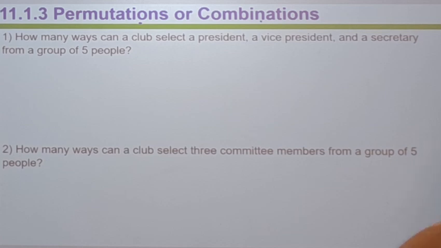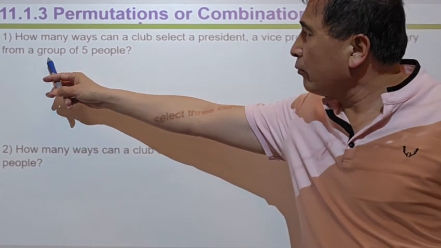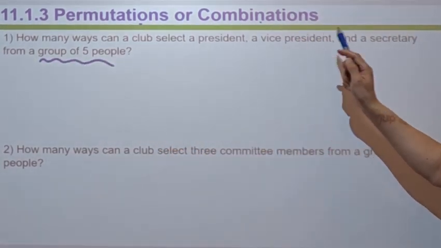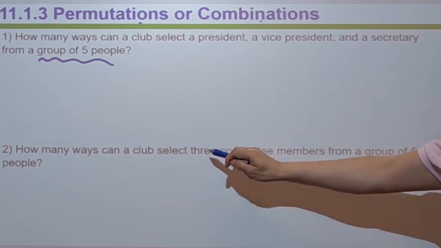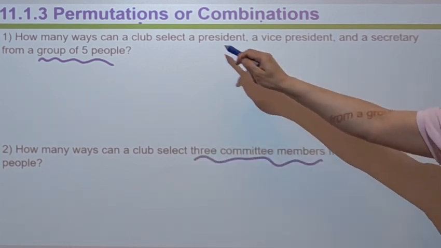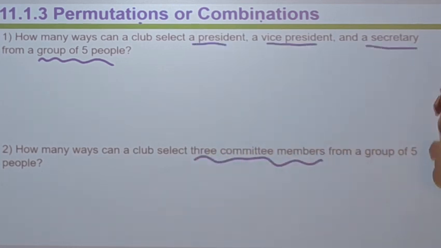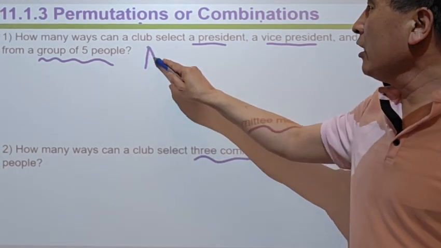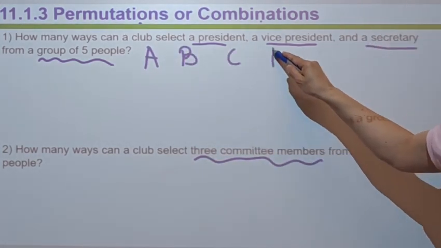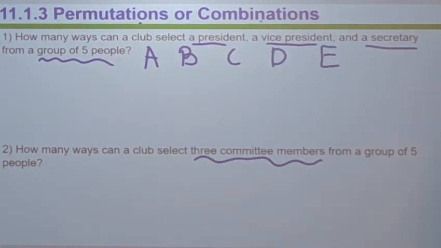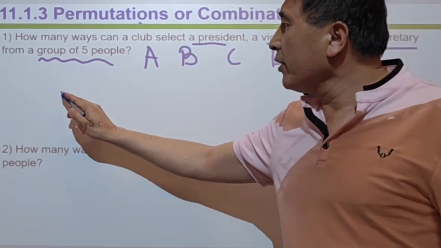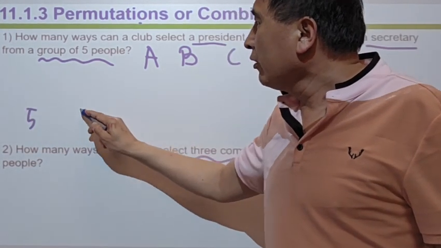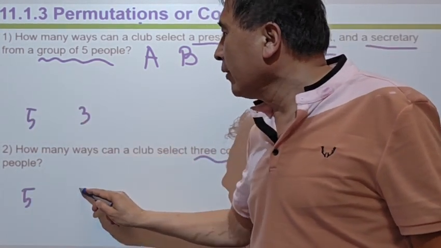So now, it's selecting among 5 people. It says 3 committee members. And it says president, vice president, and secretary. Which means, let's say there are A, B, C, D, E, 5 people. So select 3, and both are 5, 3, the same.